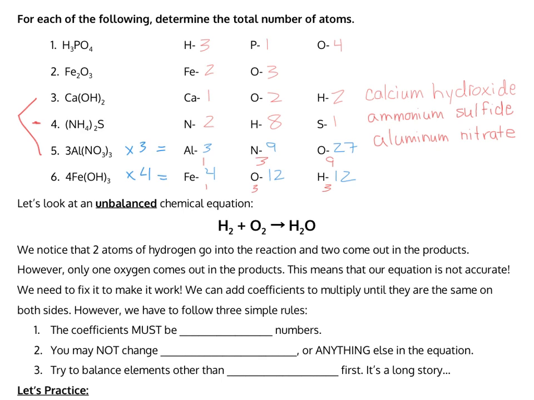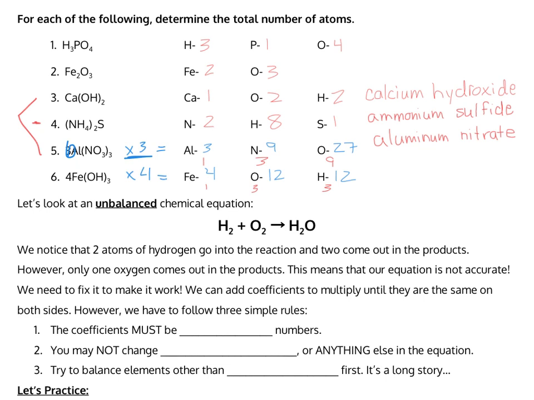All right, so here are your answers. Notice that in blue for number 5 and 6, I showed you the final answers. Just for the subscript answers, I have those in red down at the bottom. And then I multiplied it by the coefficient, so the times 3 here. That's because of this 3 in front of the AlNO3.